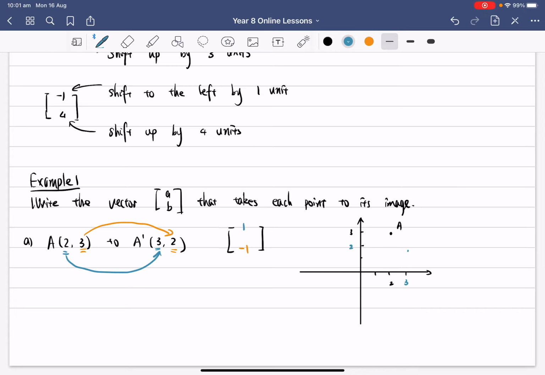Then you think about how the point changes from A to A dash. Basically, the point is moving to the right by 1 unit, then moving down by 1 unit. Obviously you can move down by 1 unit first and then to the right as well, so that also works.